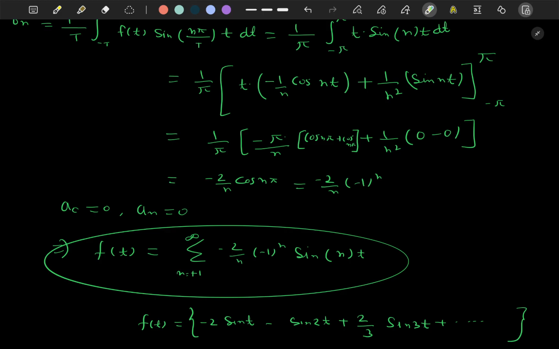So what are we left with? Put the upper limit: pi minus pi will be 0, so this will be 0, and this will be 0, sin n pi will be 0, and we will determine the value of this. So if you put the value of the upper limit, minus pi by n, and the lower limit, minus pi by n, so cos n pi minus cos n pi, minus plus, so minus 2 pi n cos n pi, so minus 2 by n times minus 1 raised to the power n.